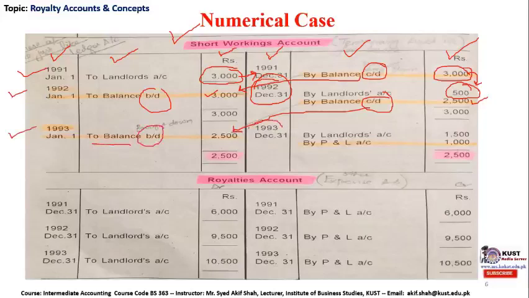However, at the end of this year, the company has a surplus in the royalty which was recouped by the company. So the landlord account was credited because we have recouped 1500 of short working at the end of 1993. However, out of the 2500 balance, 1500 was recouped, and the leftover amount was 1000, which was charged against the profit and loss account.